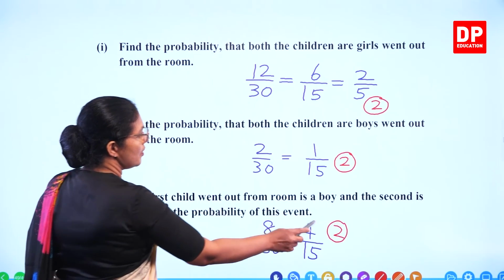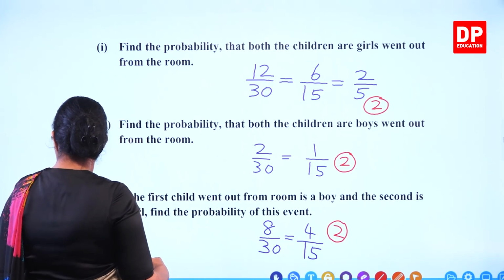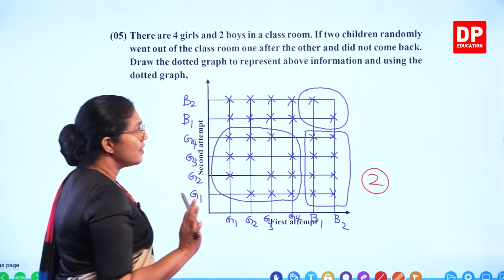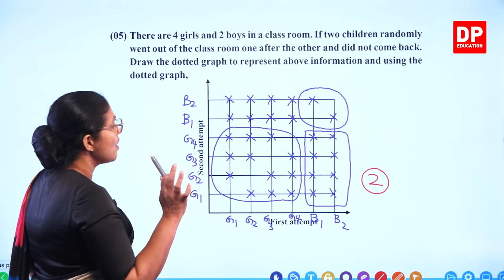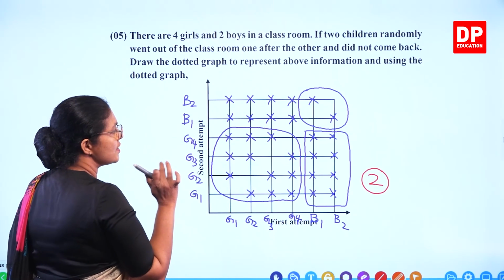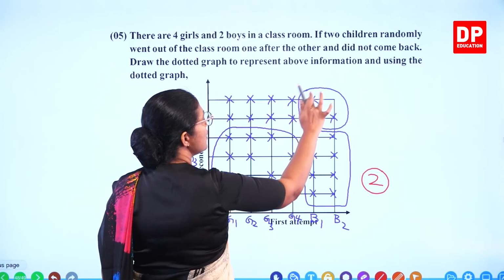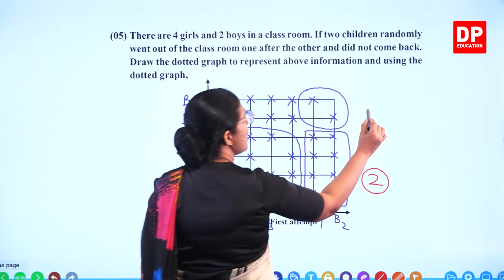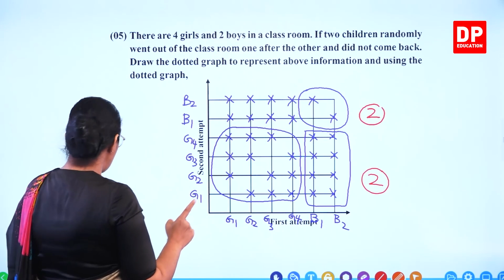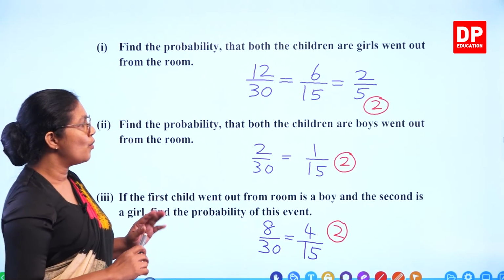So you get 2, 2, 2. This is 6 and this is 2, 8. So that means you are getting another 2 marks for selecting the correct regions. For the first question, this region, second question, this region, and third question, this region. So another 2 marks for that. So altogether, you get 10 marks for the whole question.